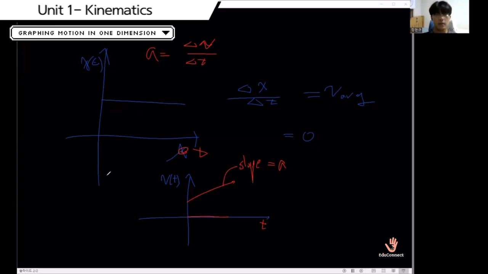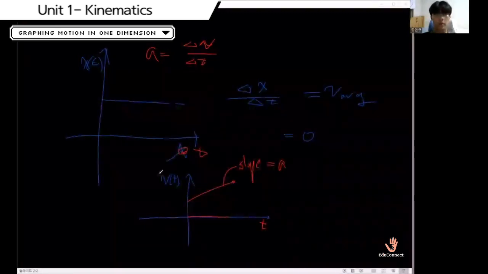Since the velocity of a stationary object is constantly 0, the slope is 0, resulting in another flat line emanating from the origin.